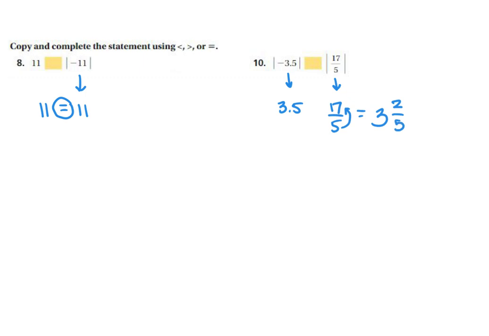To get that to be a decimal, we can get our denominator to be a 10 by multiplying by 2. 5 times 2 is 10, so 2 times 2 is 4. That's telling us that this is 3 and 4 tenths, which is 3.4. So we would say that 3.5 is greater than 3.4.